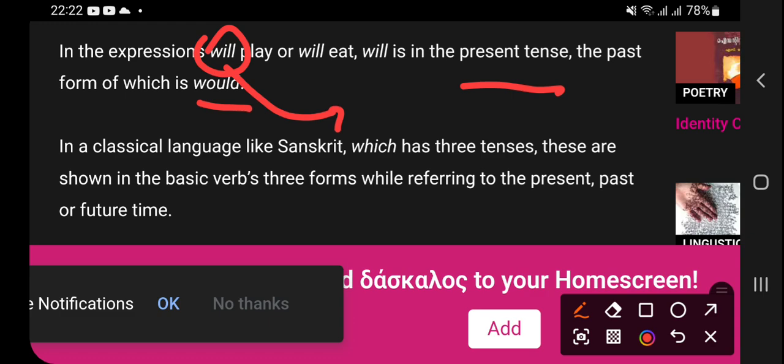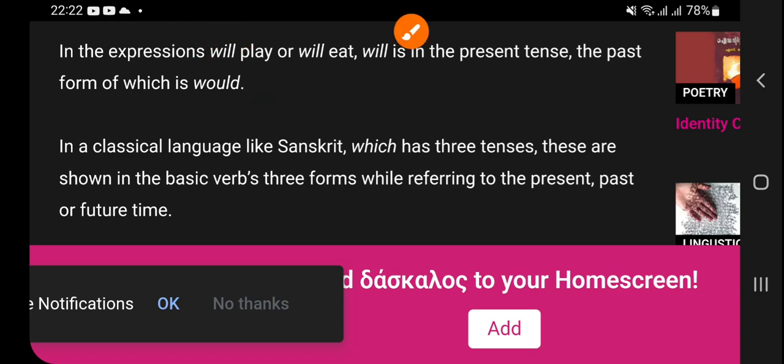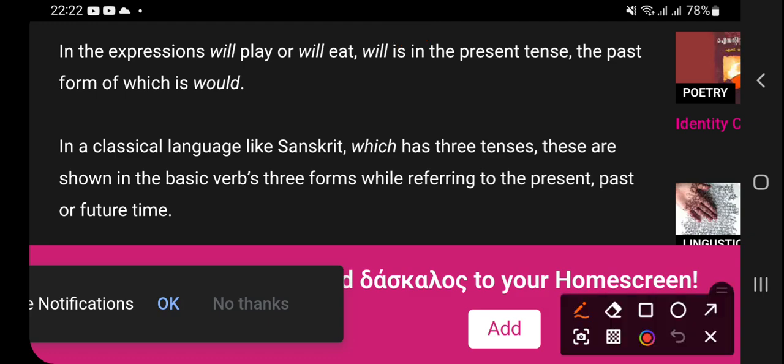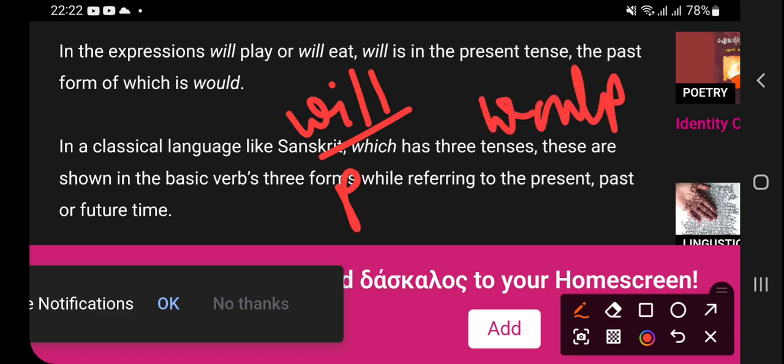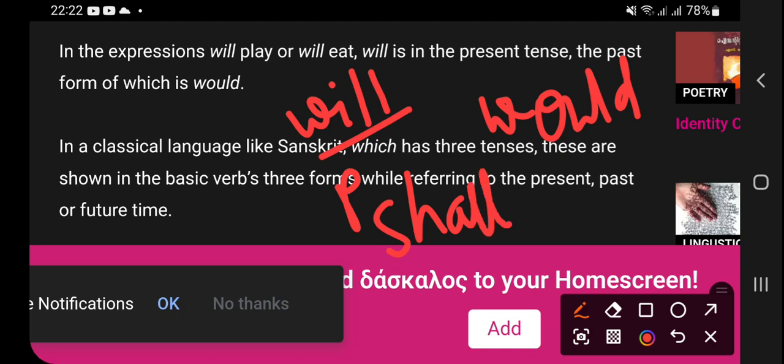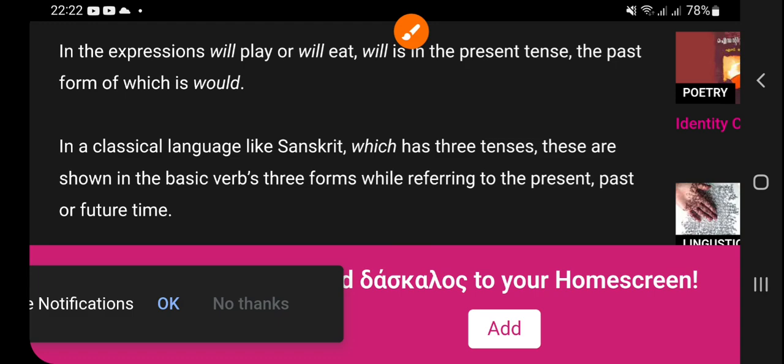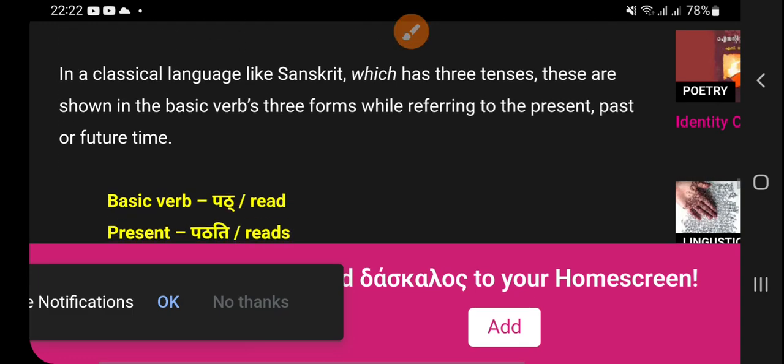Like go, went, gone; play, played, played. Then shall is present, should is past; can, could; may, might. These are the present and past forms of modals.